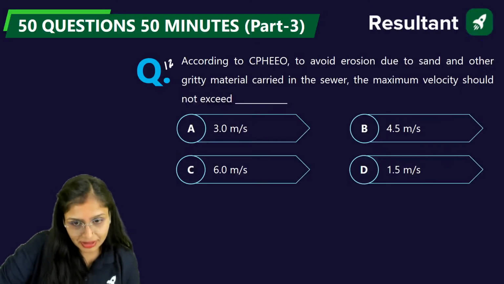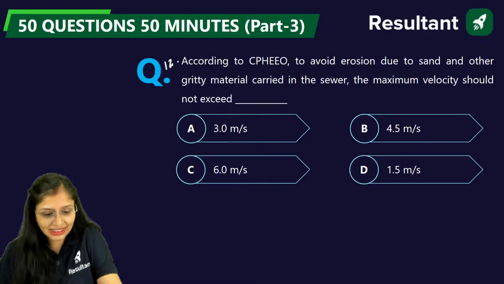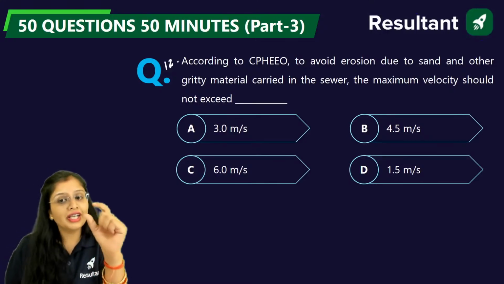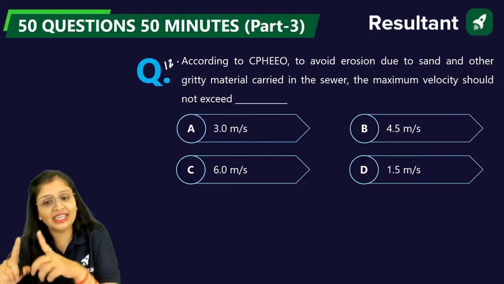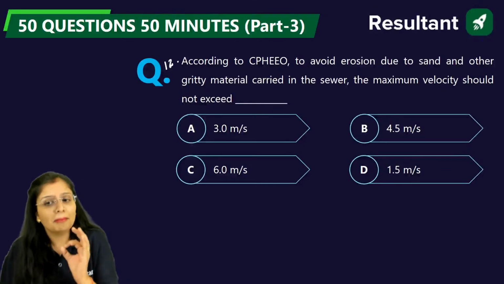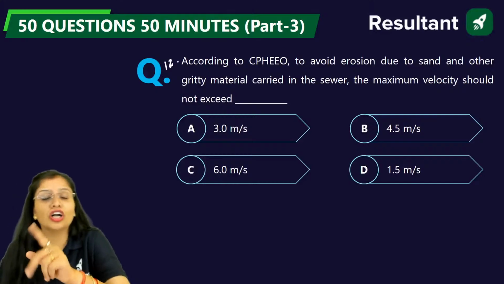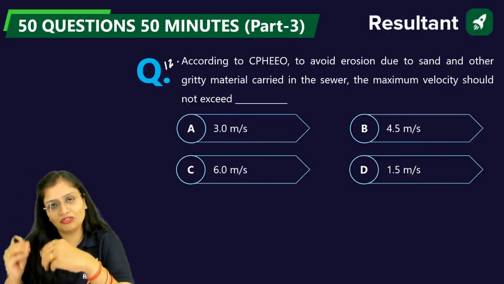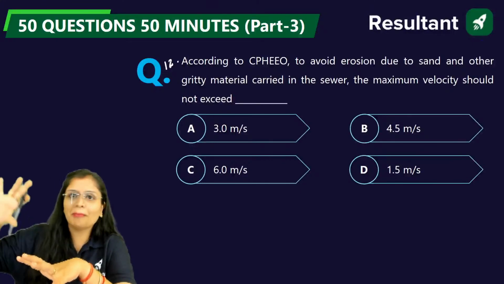Now this is a database question. According to CPHEEO, to avoid erosion due to sand or any grit materials which are carried in a sewer, the maximum velocity which you will allow should not be more. We want that obviously self-cleansing velocity should be there, but there should also be a maximum velocity.